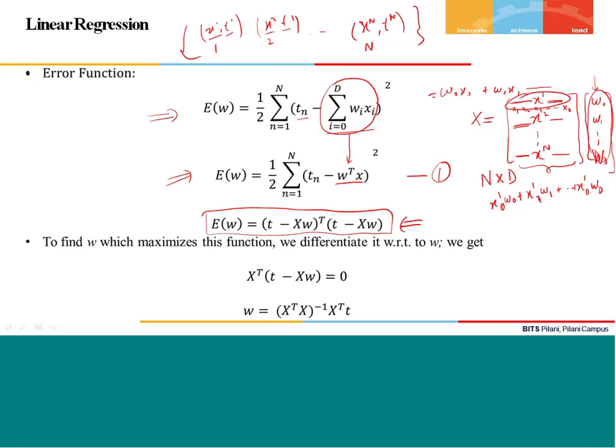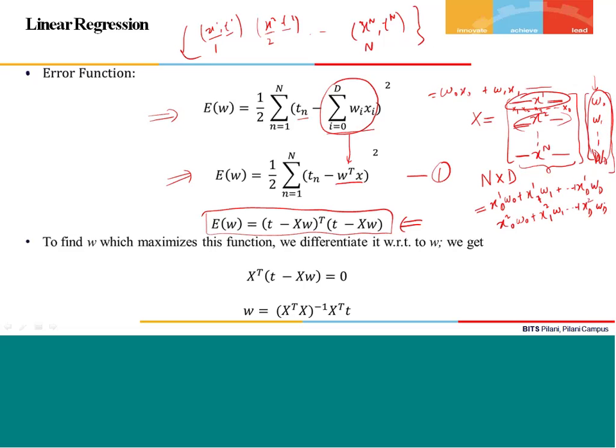Again, I multiply this row with this column. What will I get? x0 into w0 plus x1 into w1, likewise xd into wd. This is what I got in my second row.